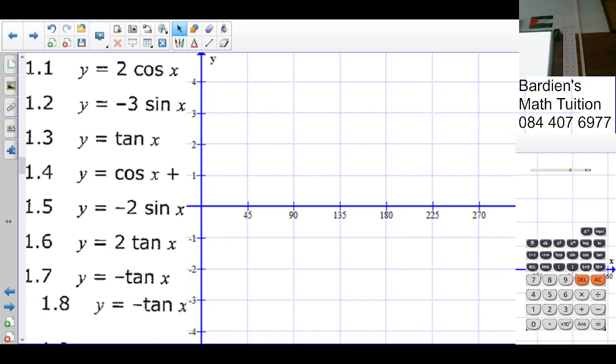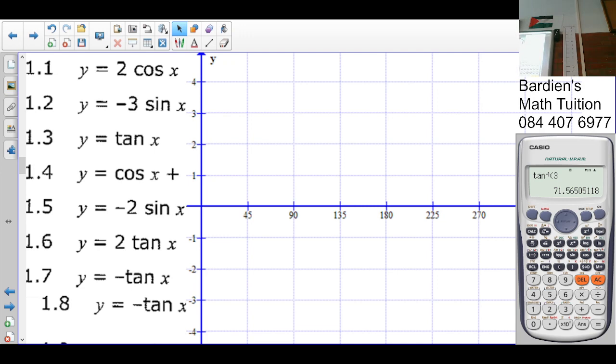So when you put in the calculator, you press mode. So you guys can follow through. Press mode.